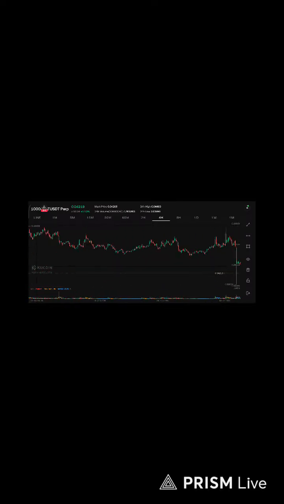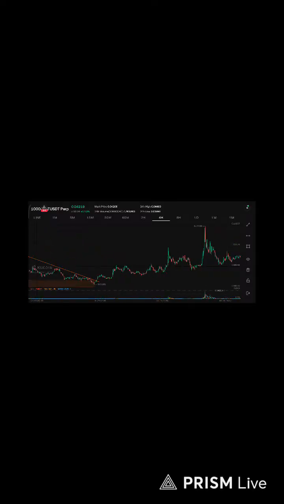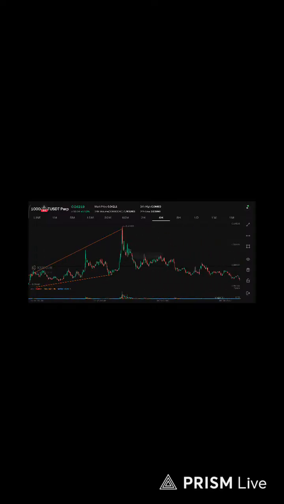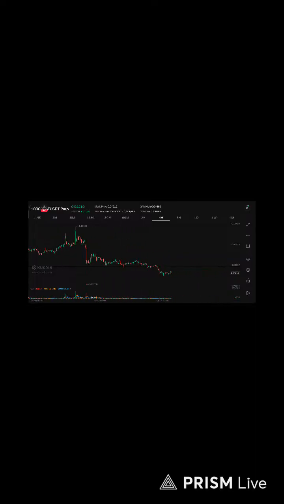This is it. After that, what happened? An uptrend took place from here. After price reaches that, you had another uptrend here, right? We have another uptrend here.